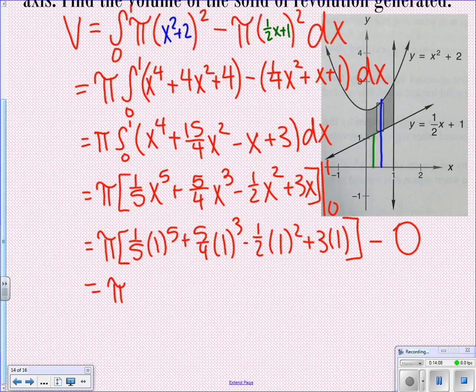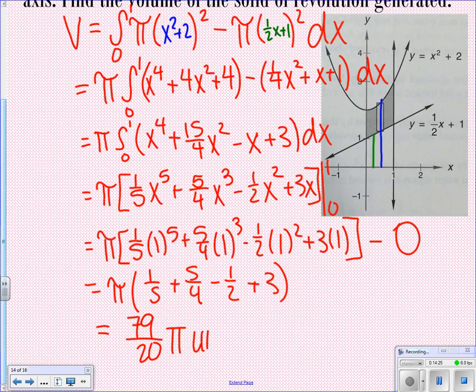So I have pi times 1/5 plus 5 over 4 minus 1/2 and plus 3. And if you add those all together, you're going to get 79 over 20 pi, and you'll have units cubed. And so that would be the volume of that figure if you rotated about the x-axis.